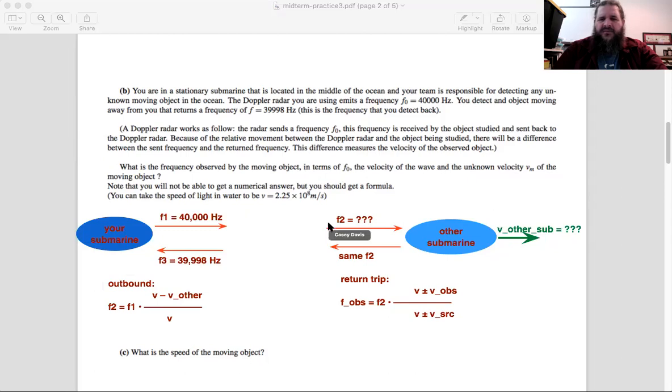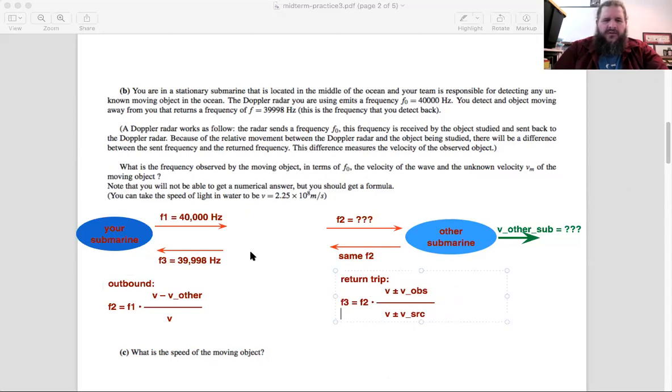The other submarine is receiving that wave, so it's the observer. But then when that wave bounces off, we would treat the wave that has just bounced off the other submarine as the source, and then you're receiving it as the observer. So in the return trip, F2 is the source frequency and F3 is the observer frequency.